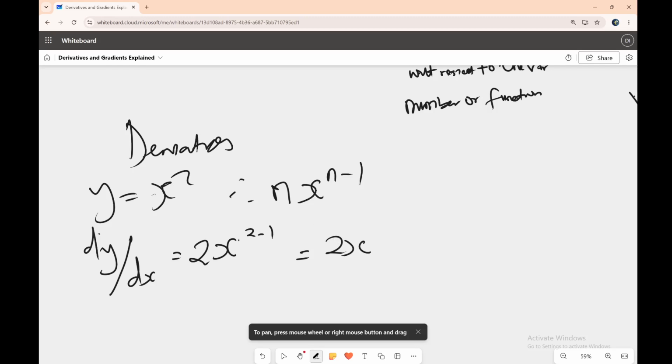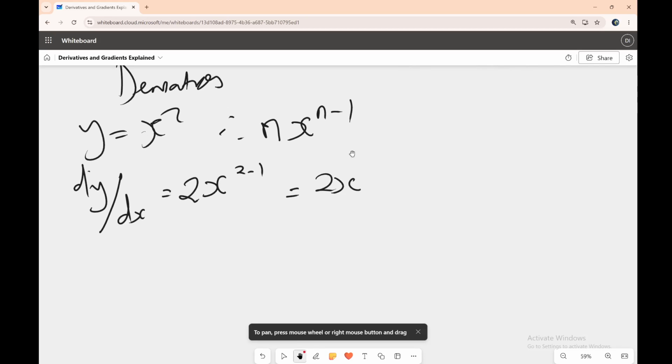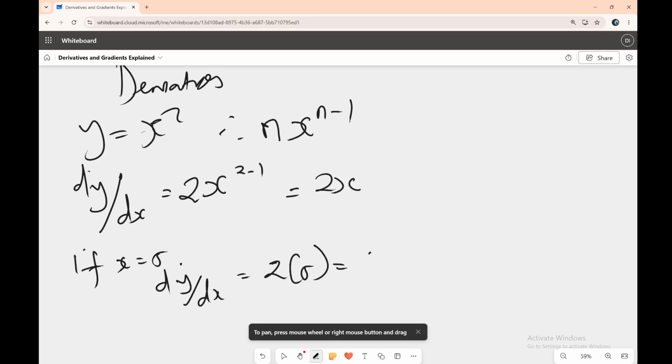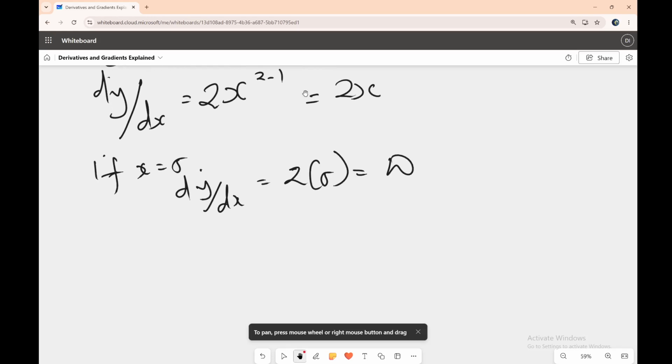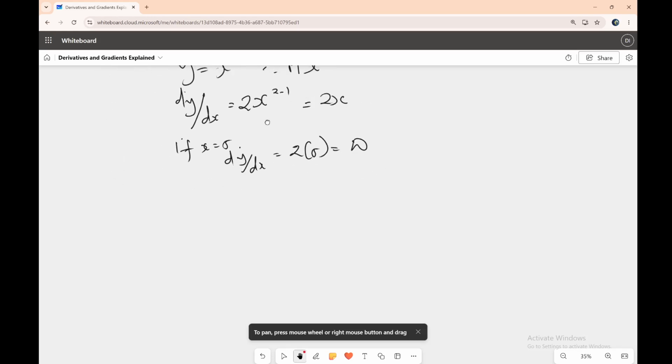Okay, so essentially, what is the interpretation of this particular function? Let's say, for example, x equals 5. So the derivative is going to be 2 times 5, and that's going to be 10. A lot of people usually get this confusing, and that's something I'm going to explain right now.